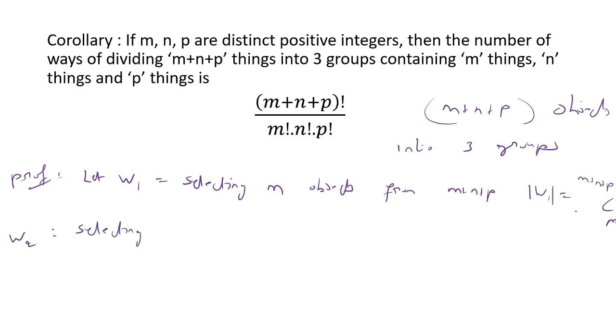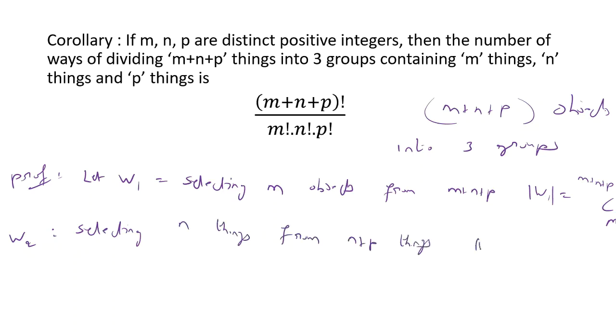So after selecting m elements out of m plus n plus p, we will be left with n plus p objects. Now W2 stands for selecting n objects or n things from n plus p things.